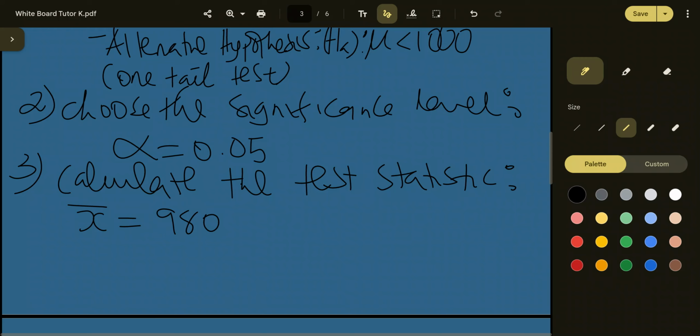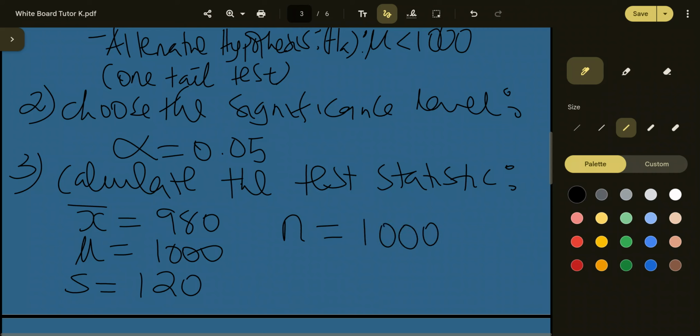Then the population mean, mu, is simply 1,000. The standard deviation is 120. And what is the sample size? For n, the sample size, it is simply 100.